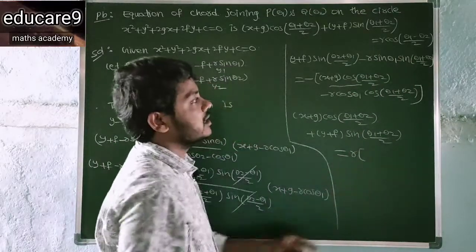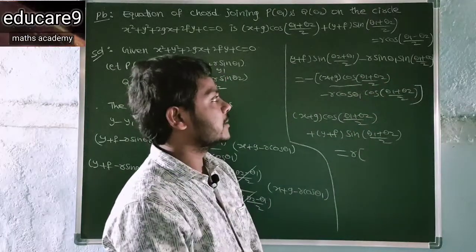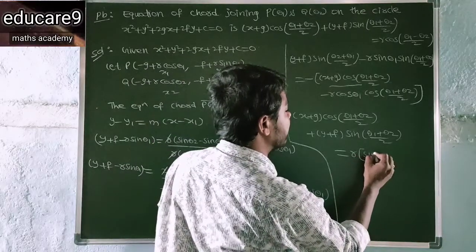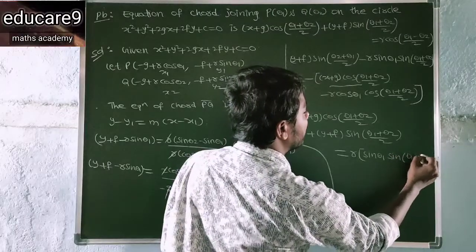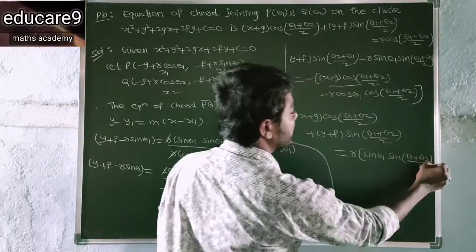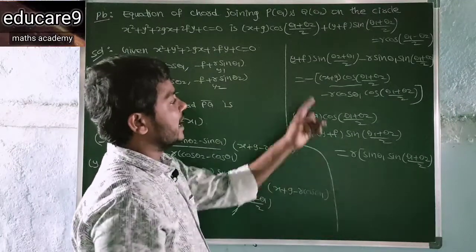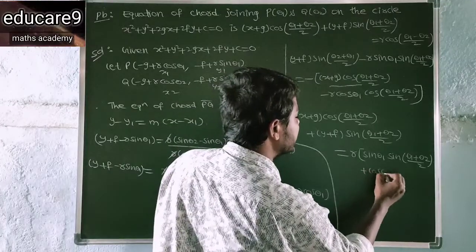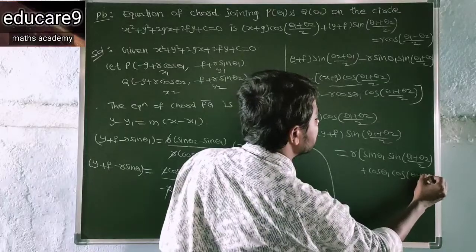You will get sin theta 1 sin of (theta 1 plus theta 2) by 2. Next, minus into minus plus, cos theta 1 into cos of (theta 1 plus theta 2) by 2.